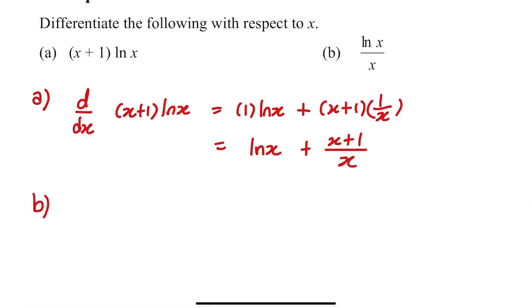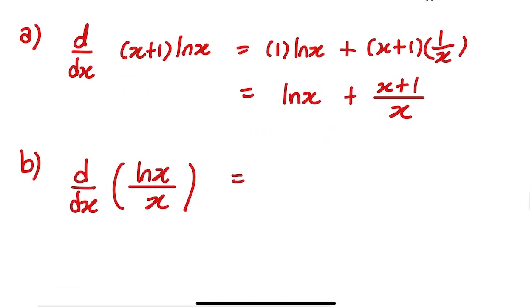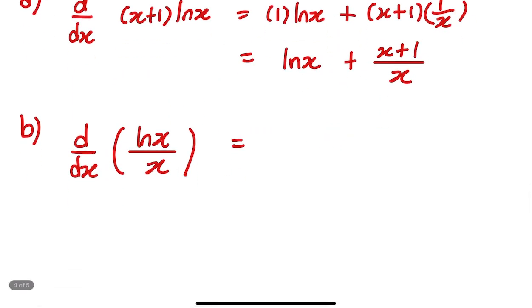Let's now look at example 4b. I want to differentiate now ln x over x. So what we can do is that simply this is a fraction. I have variables in my numerator and denominator, which means that I have to apply the quotient rule. So how do I apply my quotient rule? Differentiate numerator first.